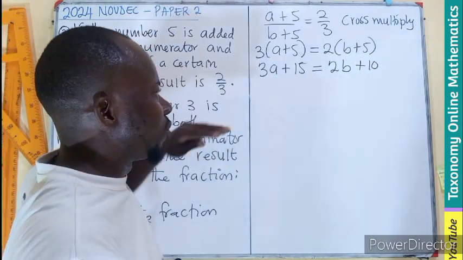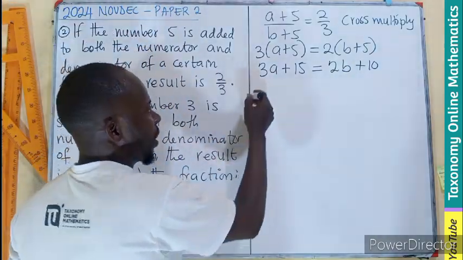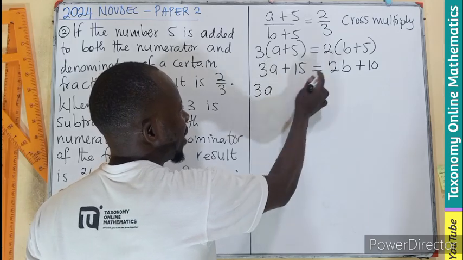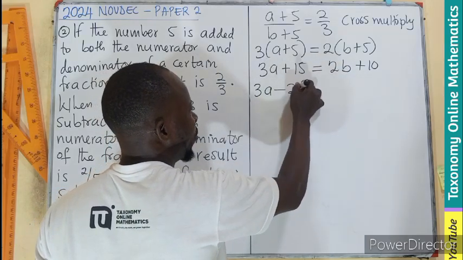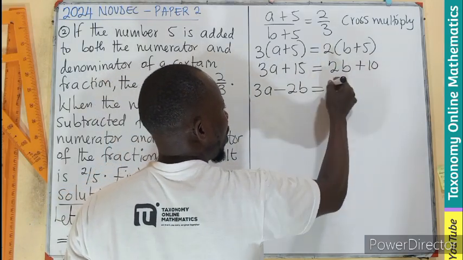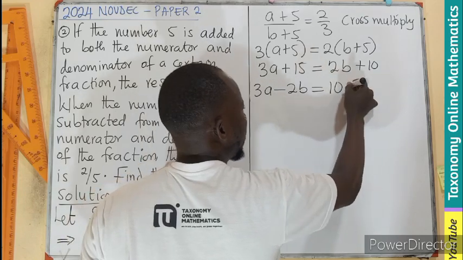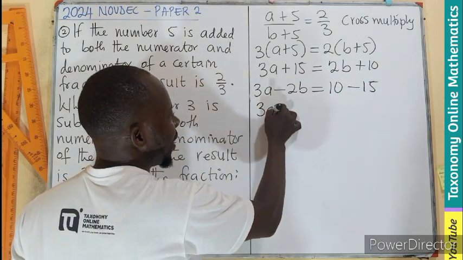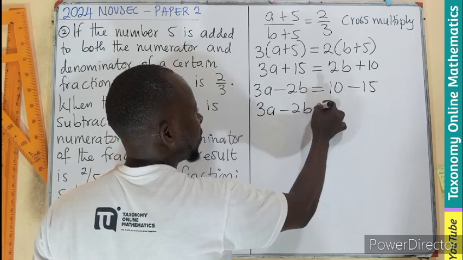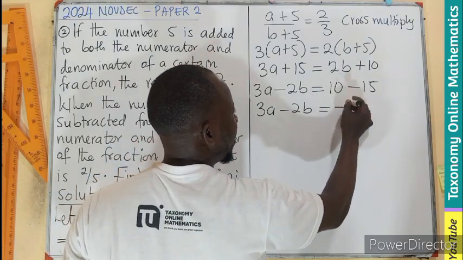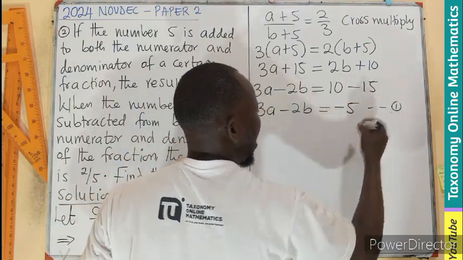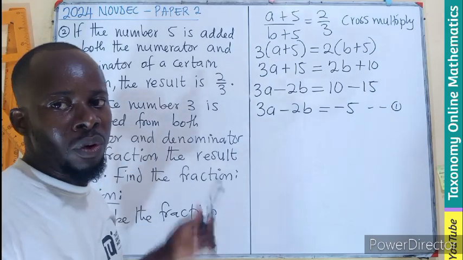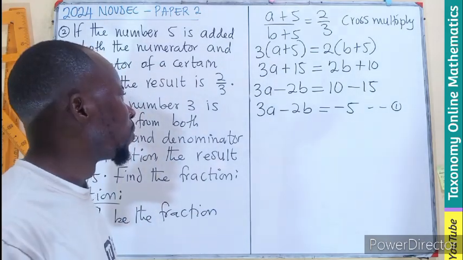But what do we do? Let's group the variables together. So that makes it 3a minus 2b equals 10 minus 15, we subtract 2b and 15 from both sides. That gives you 3a minus 2b equals negative 5. That will give us an equation of its own because a and b are unknown.